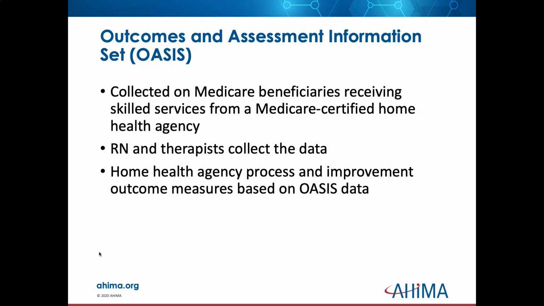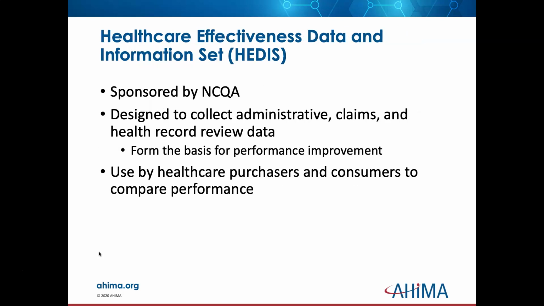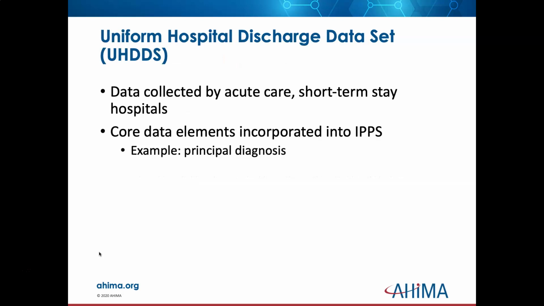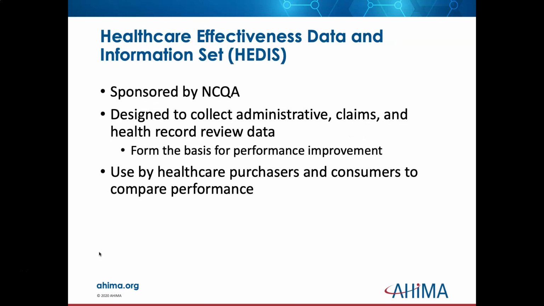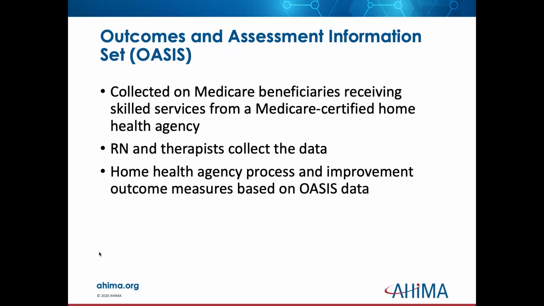For instance, OASIS is home health care. You just need to know that that's home health care and that it's going to be used for administrative claims and health record purposes.